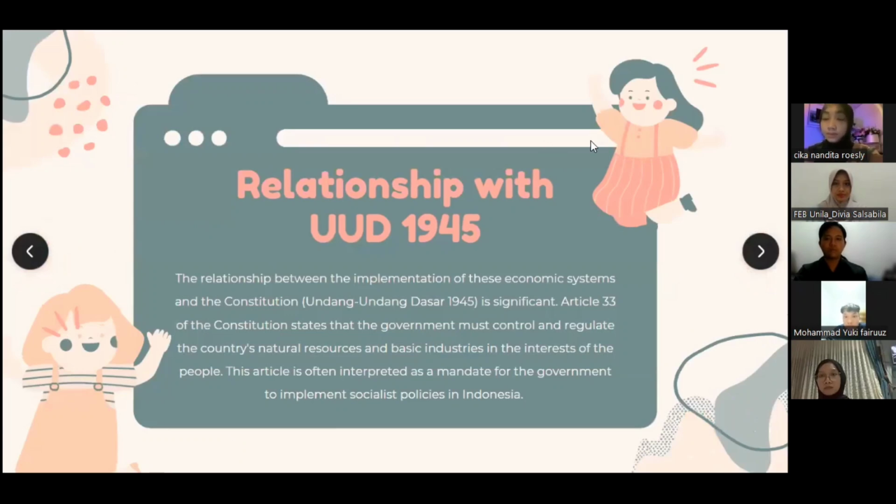And the relationship with Undang-Undang Dasar 1945. The relationship between the implementation of these economic systems and the Constitution, Undang-Undang Dasar 1945, is significant. Article 53 of the Constitution states that the government must control and regulate the country's natural resources and basic industries in the interest of the people.